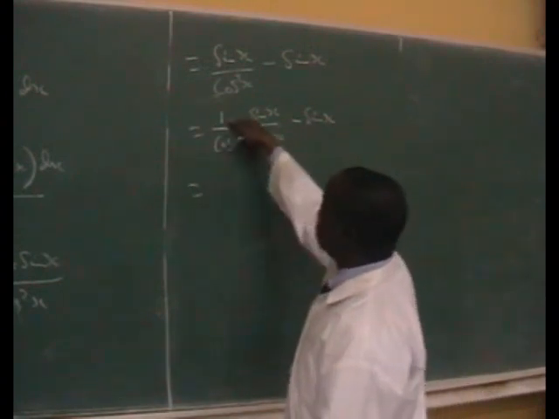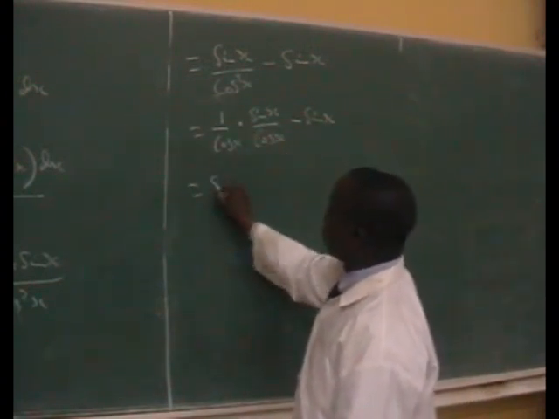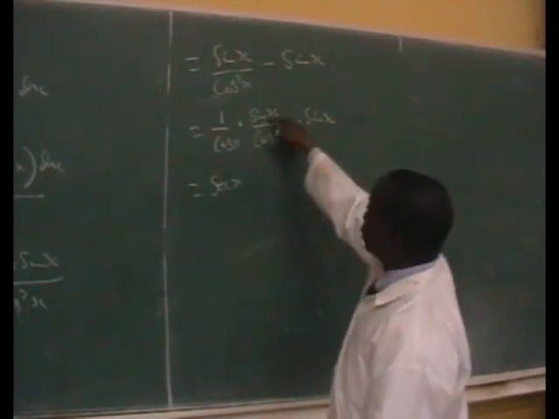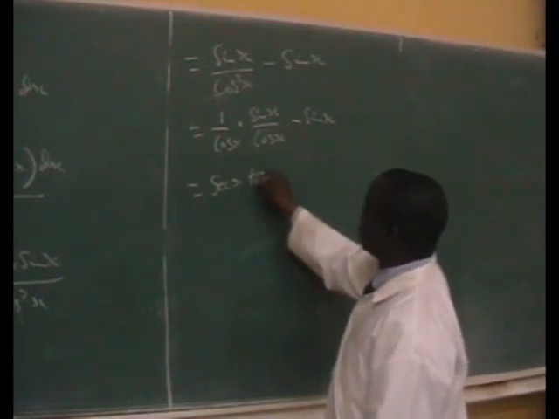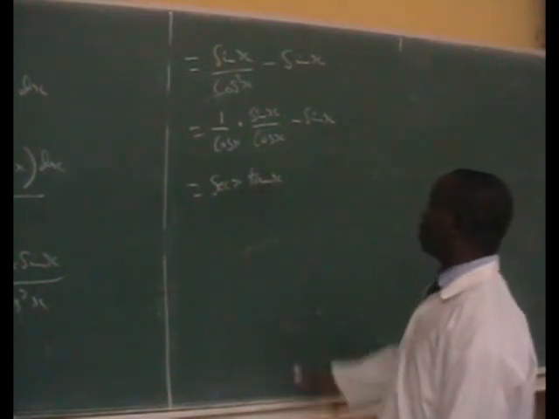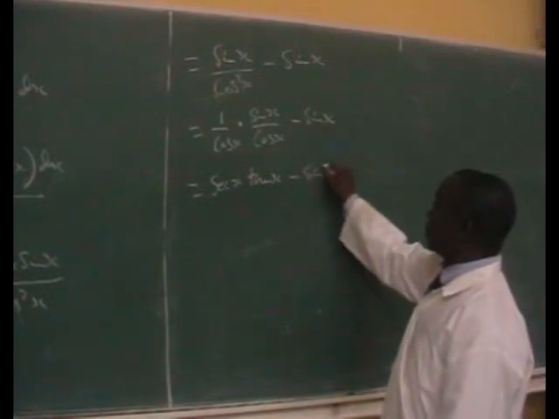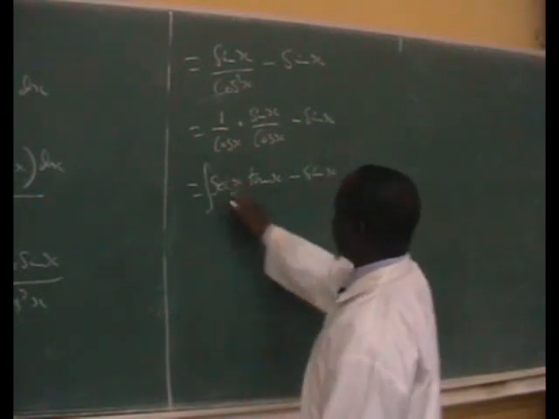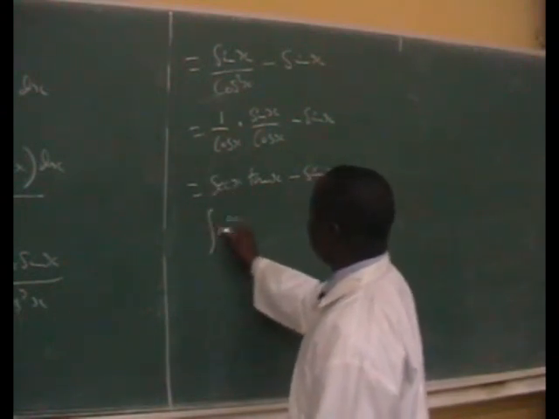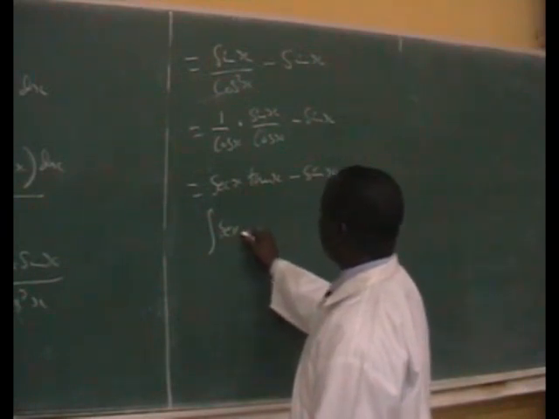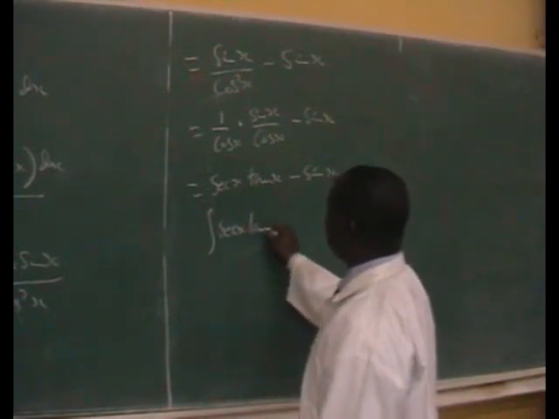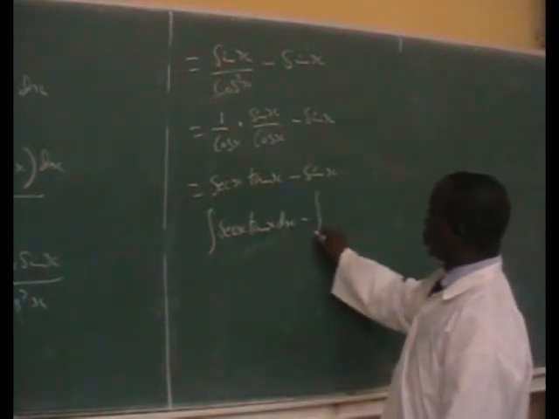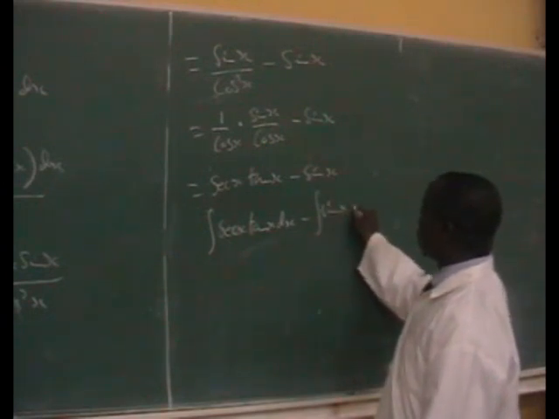Now 1 all over cos x is sec x, which we know, and sin x all over cos x is tan x, minus sin x. So integrating it with respect to x, we have integral sec x tan x dx minus integral sin x dx.